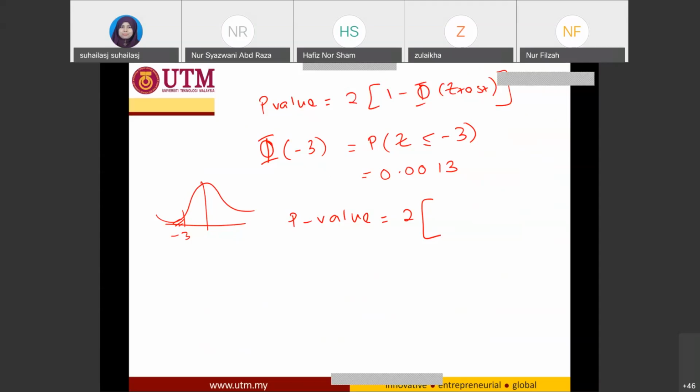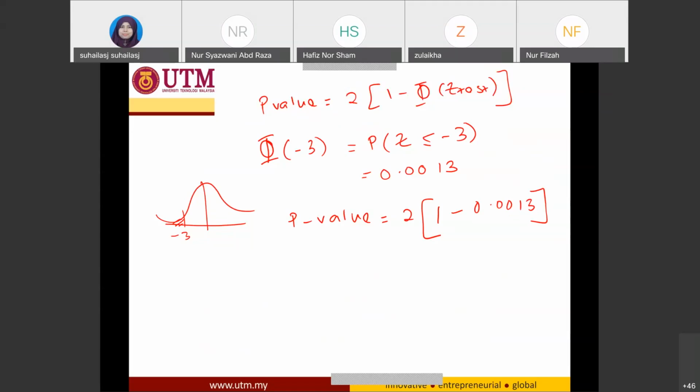Okay, but the p-value seems wrong. If we put in this one, you have 0.0013, but you need to multiply by 2, right? 1 minus 1.99.